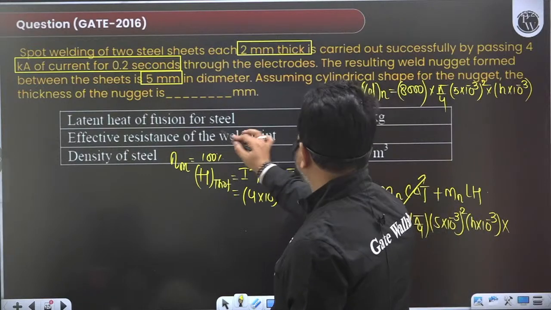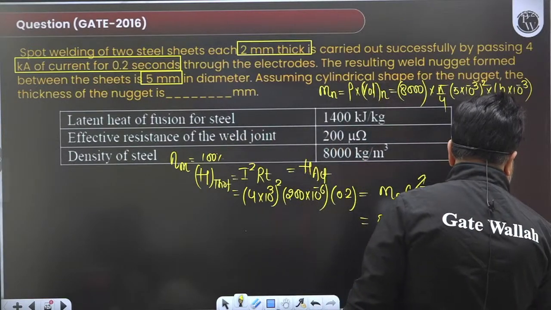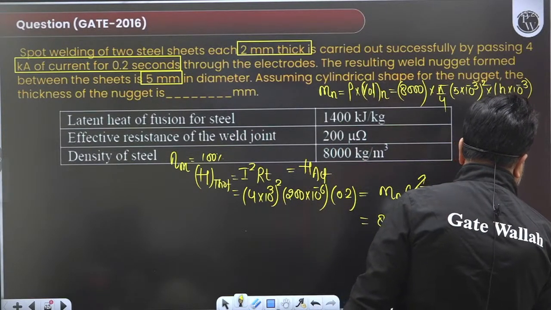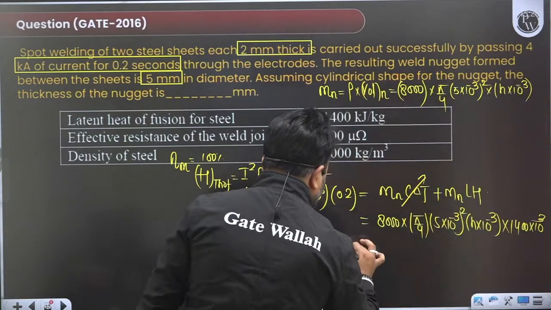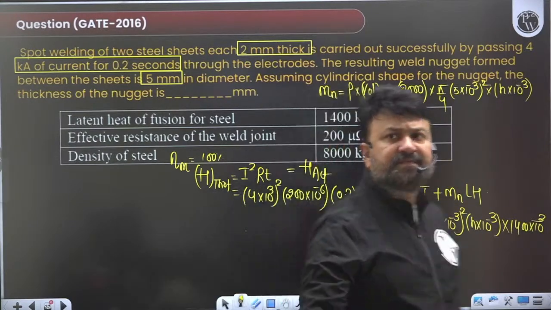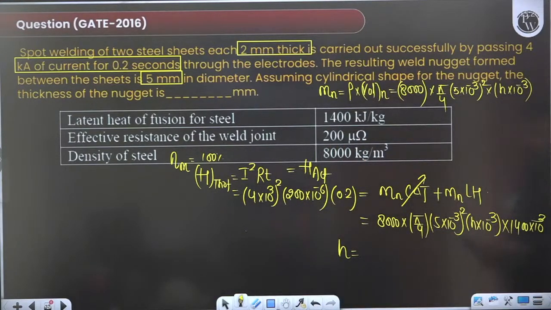Latent heat is 1400, so 1400 × 10^3. So can we get the value of H, please? It is (4 × 10^3)^2 × 200 × 10^-6 × 0.2.